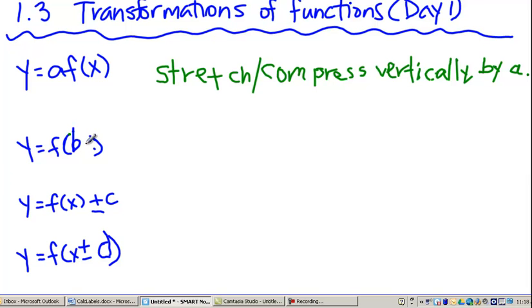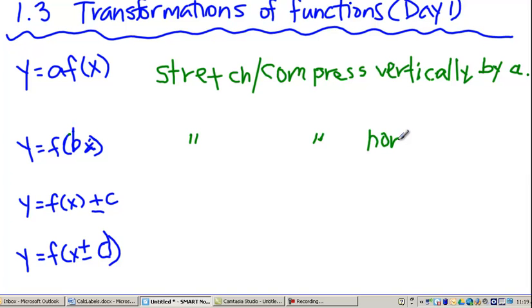Fix the X. Okay, so again, the B is on the inside of my argument, so it affects my X values. Okay, so it stretches and compresses horizontally. And this is where it's different, and this is where students miss all the time.